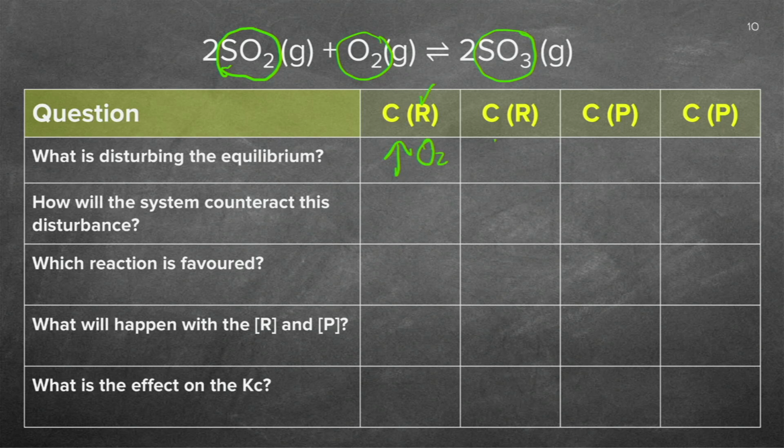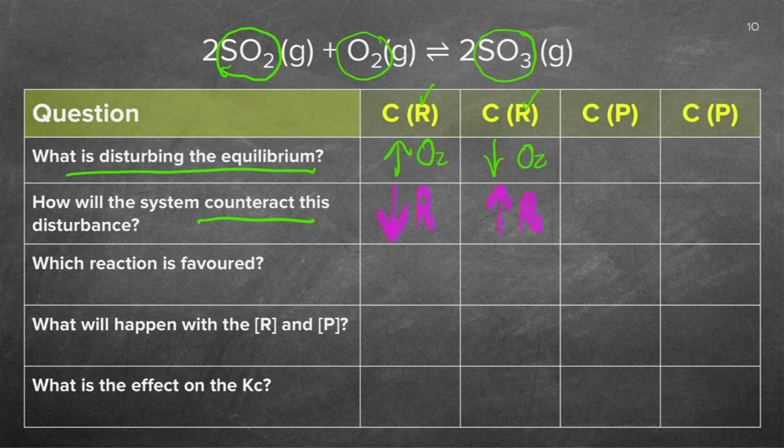Or I can decrease the oxygen, which is one of the reactants. I am going to say, what is the disturbing? You will say it's the increase or the decrease. What's the counteract? Now you remember in the back of your head, you've got mother-in-law. Mother-in-law will try and lower the reactants or increase the reactants.